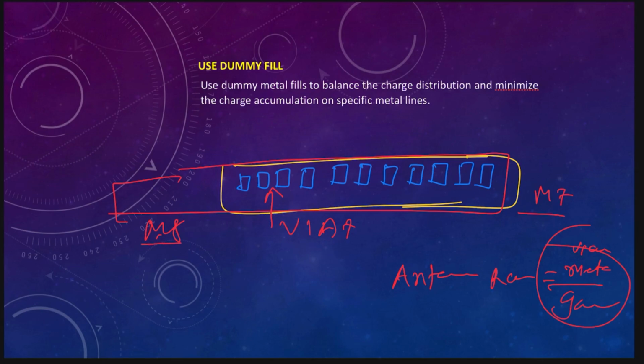Then why am I getting the antenna error in via 7 only? Why not M8 or M7? If you know the answer, please let us know. This is a very interesting question, and nowadays people are asking this question a lot in companies.